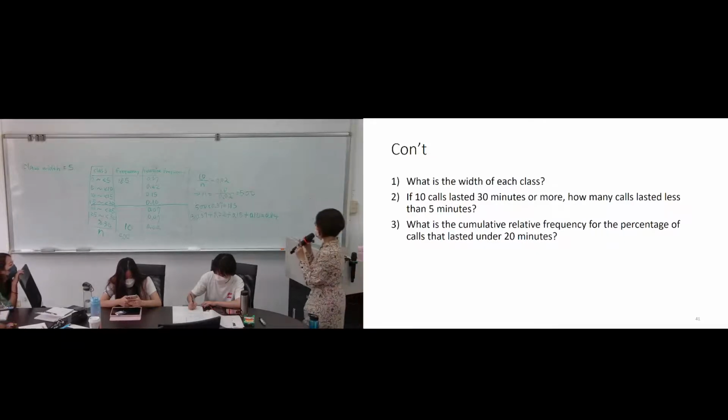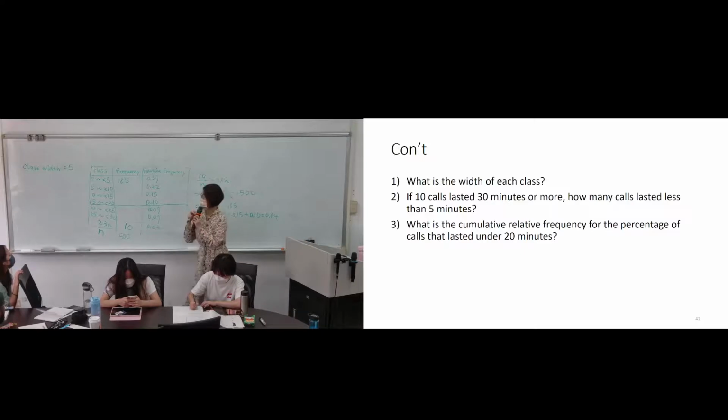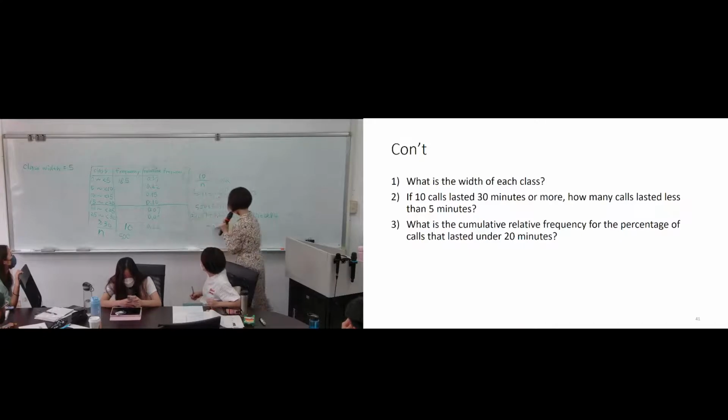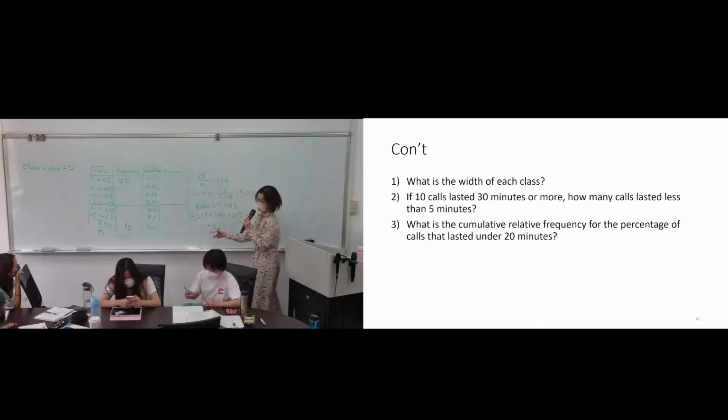So to find the cumulative relative frequency under 20 minutes, we deduct 0.02, deduct 0.07, deduct 0.07 from 1. And this way we can also obtain the same answer, 0.84.